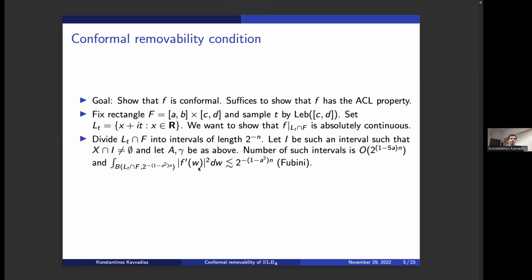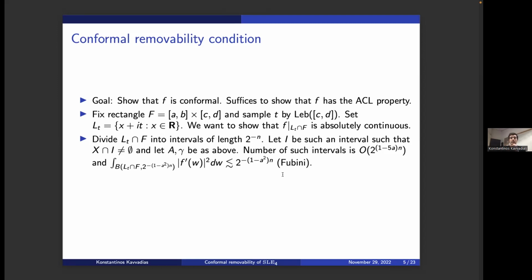So what is the idea then? The idea is to consider the part of that typical line in the rectangle and to divide it into intervals of length 2 to the minus n, where n is arbitrarily large. Then we consider the subfamily of those intervals that the set X intersects. And for every such interval, we fix a point of intersection and we consider the corresponding annuli A and the paths gamma.